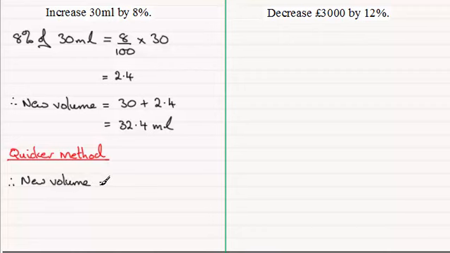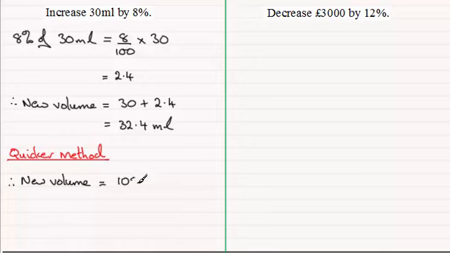So for this new volume, we've increased the original quantity, 30 millilitres, which is taken to be 100%, the whole lot. If we're increasing that by 8%, then what we want is 100 plus another 8 more percent.